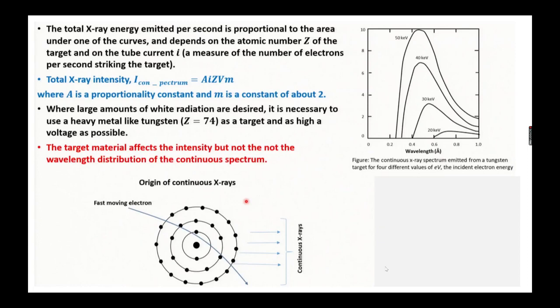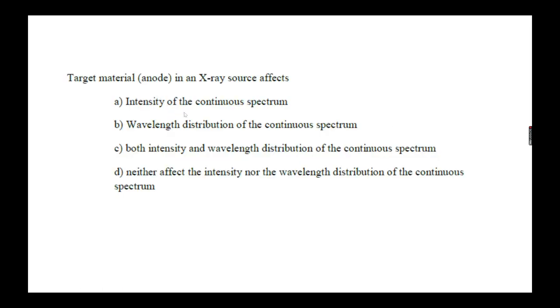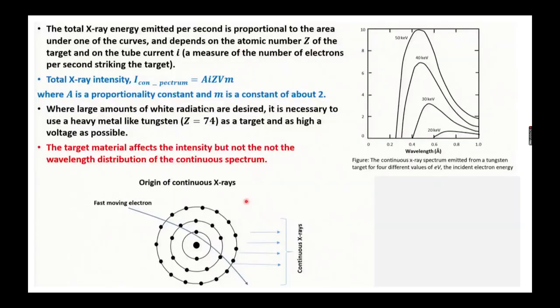If we use tungsten, this intensity will be different; if we use copper or molybdenum, the intensity will be different. But the wavelength distribution is not affected. Whatever voltage you use, the wavelength distribution of the continuous spectrum will not be affected, only the intensity.